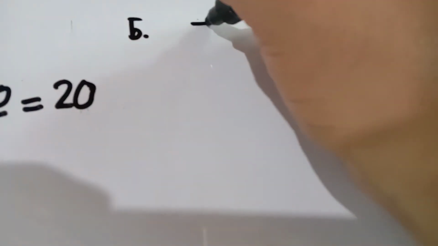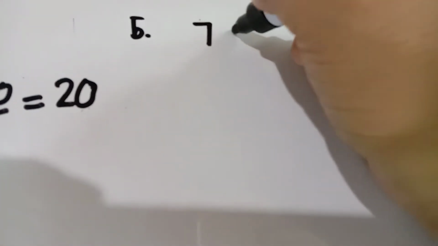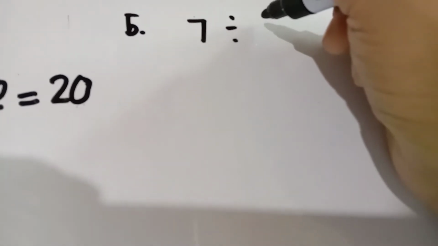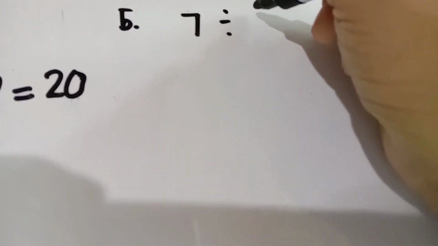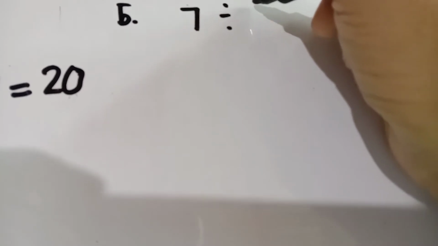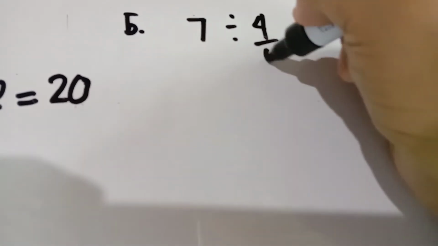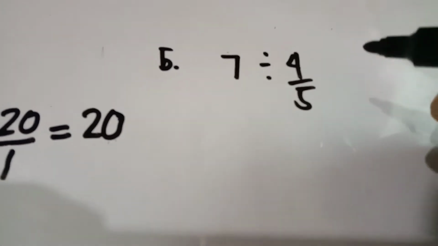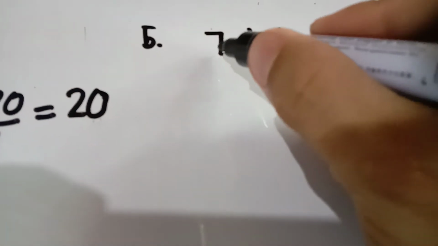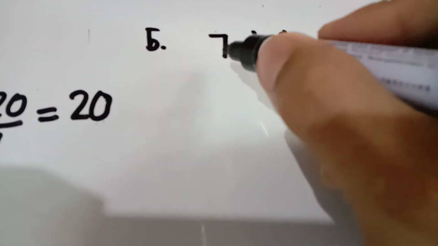Let's say 7. 7 divided by 4/5. Okay, we are going to divide 7 by 4/5. Okay, so again, 7 is a whole number.